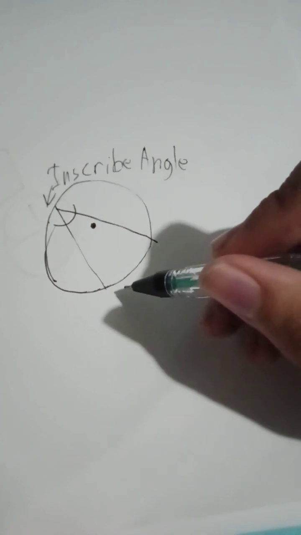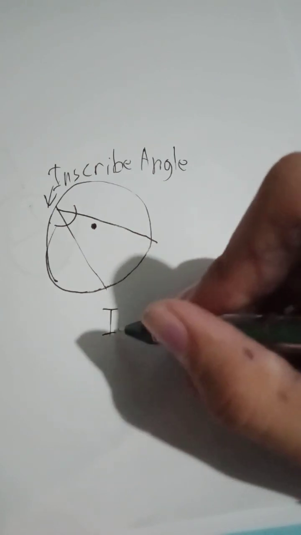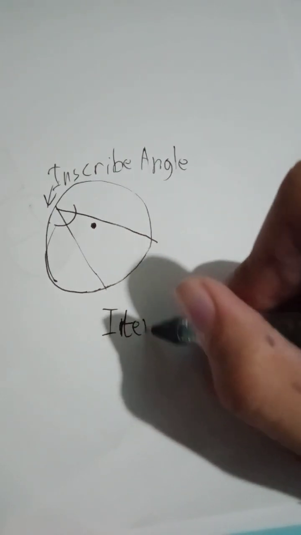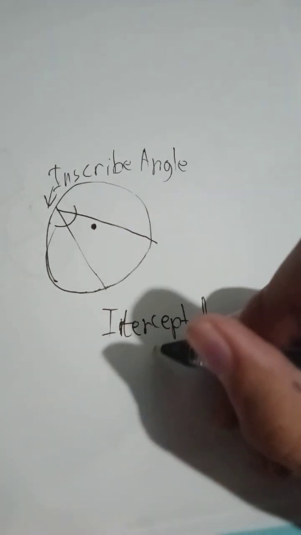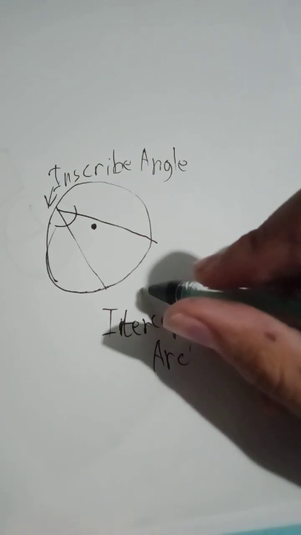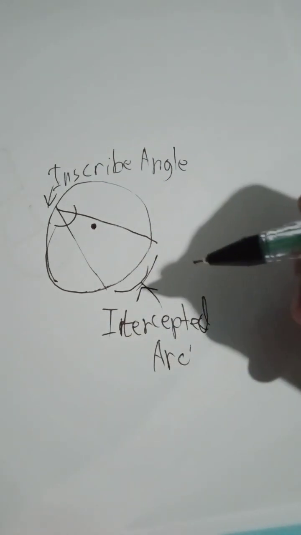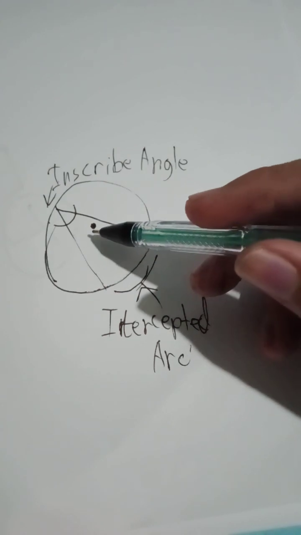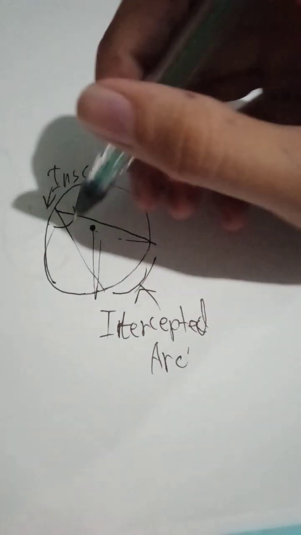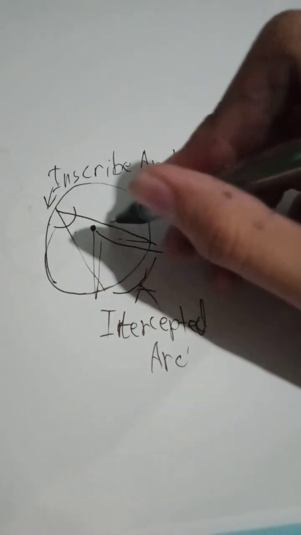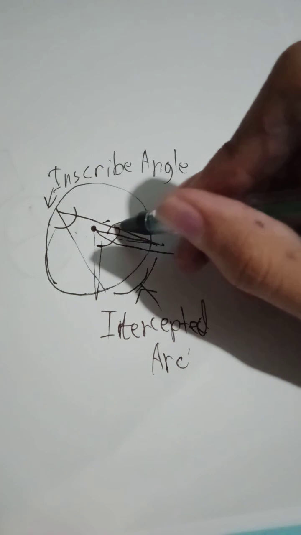And the arc where they intersect is called the intercepted arc. Now, when it is on the point of the circle where it came from, or is formed by two radii, it's going to be called a central angle.